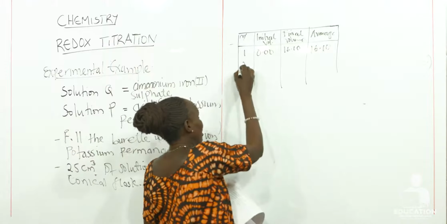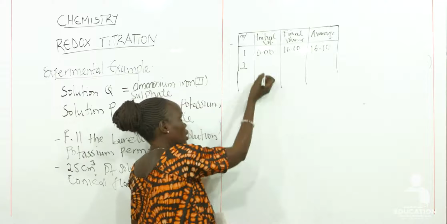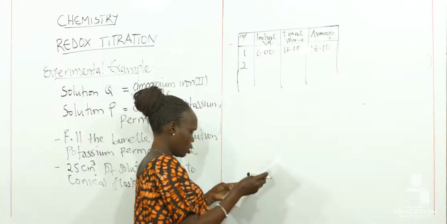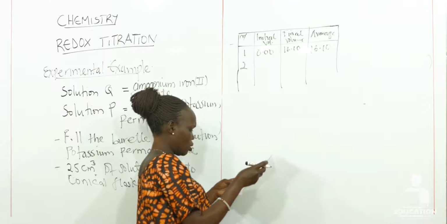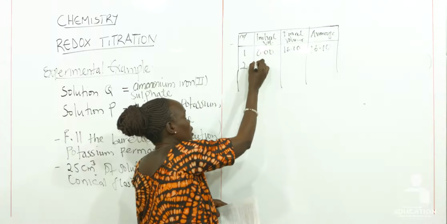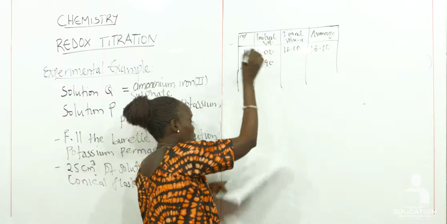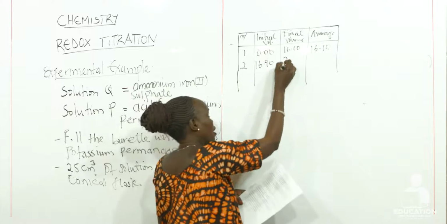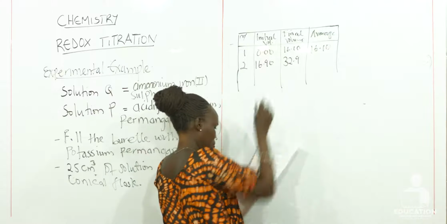The second titration, we are going to start from 16.90. So we shall have 32.90.